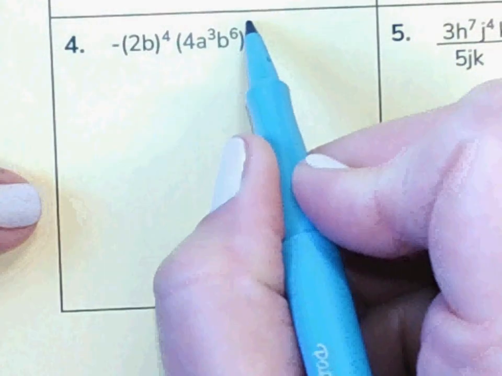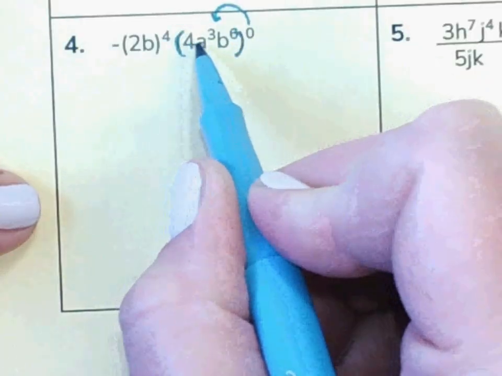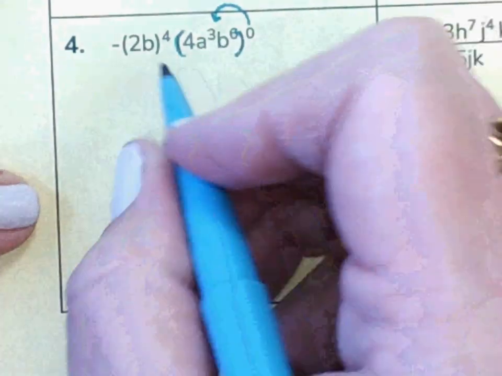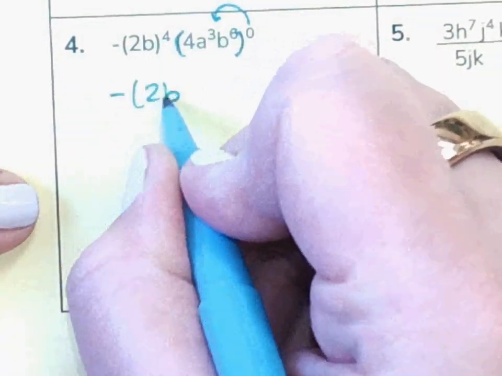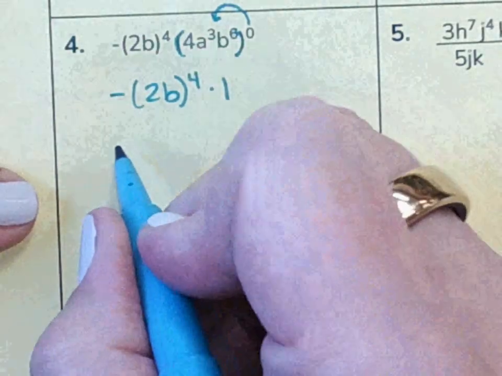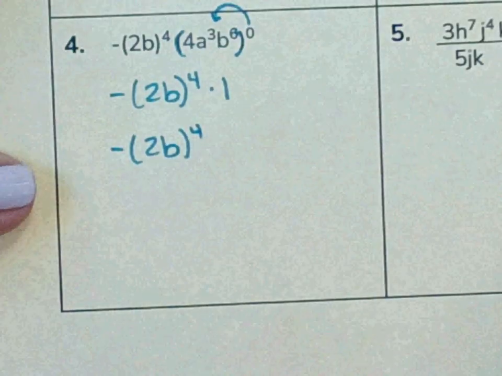This 0 is on the entire parenthesis, which means this whole thing is actually equal to 1, because anything to the 0 power is 1. But anything times 1 is just itself. So this is really what I'm trying to simplify.